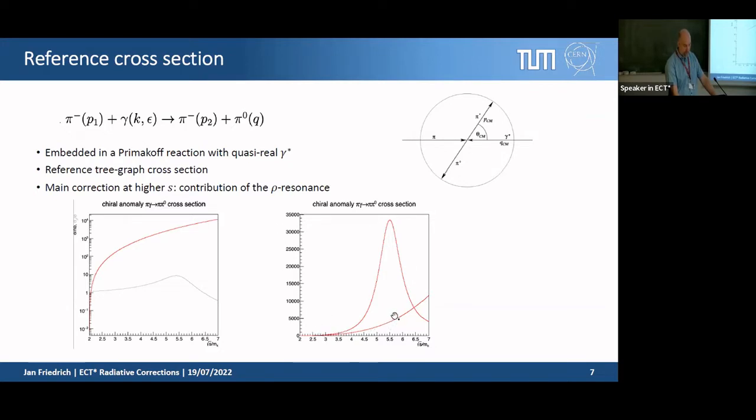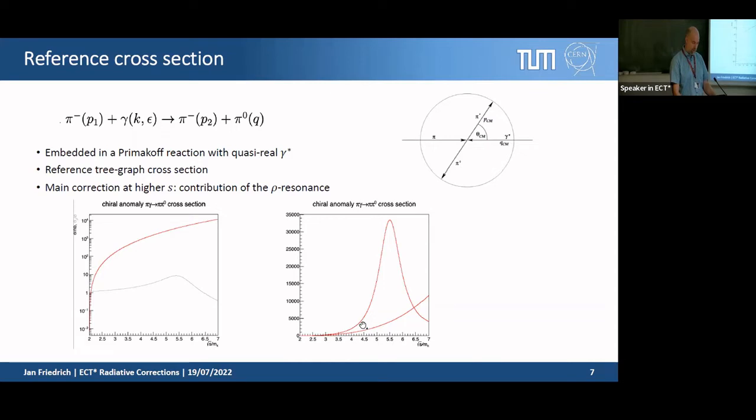And here you see the non-resonant part, and then how the interference with the rho enters. And you see that the Breit-Wigner shape of the rho is quite modified in interference with this non-resonant part at higher energies, destructively.